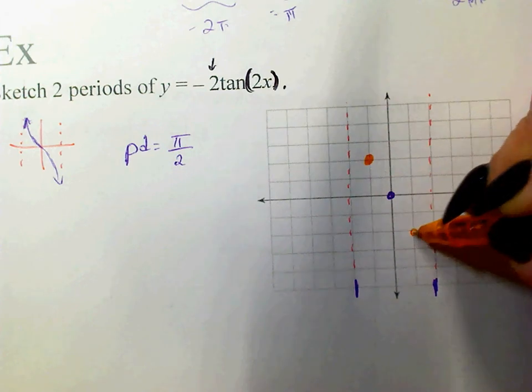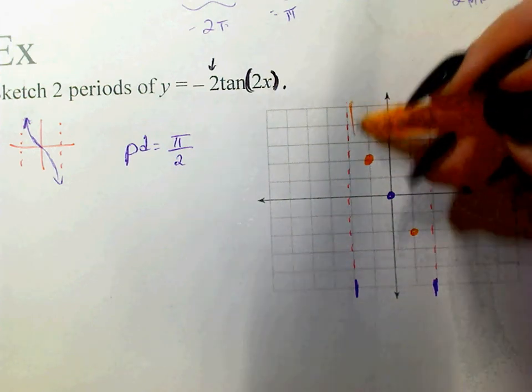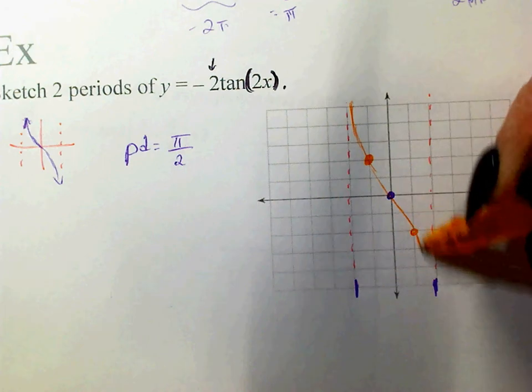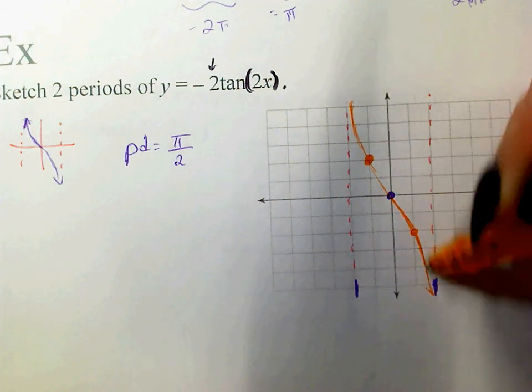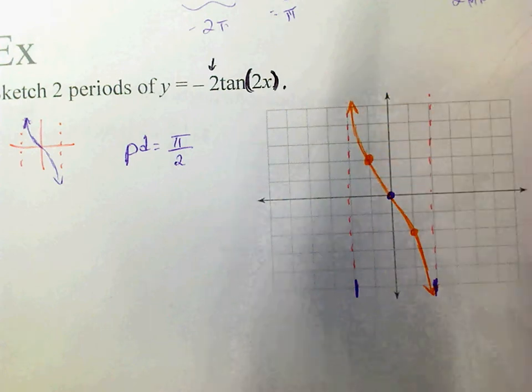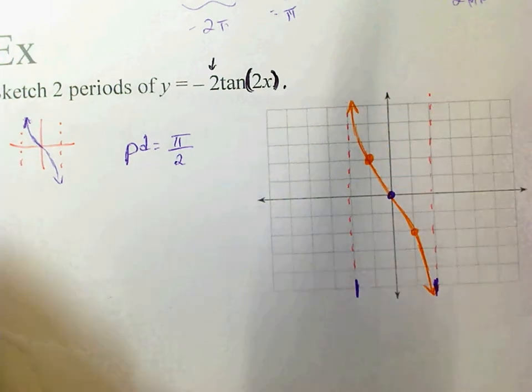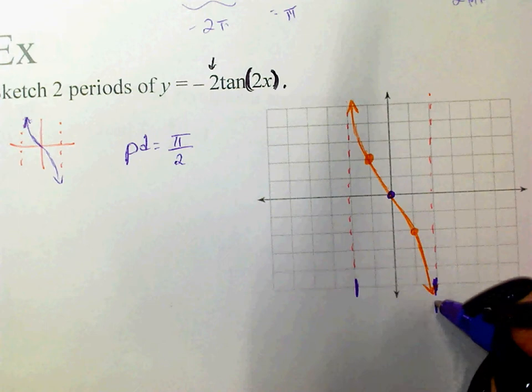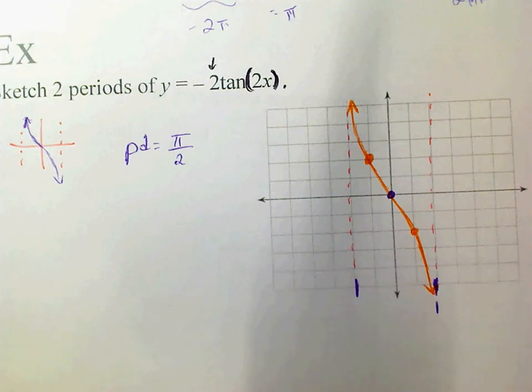And do that. Now what we haven't done is label our x-axis. So can you tell me what x value this is right here? The period on this was pi, and so it went to the right half pi and to the left half pi.